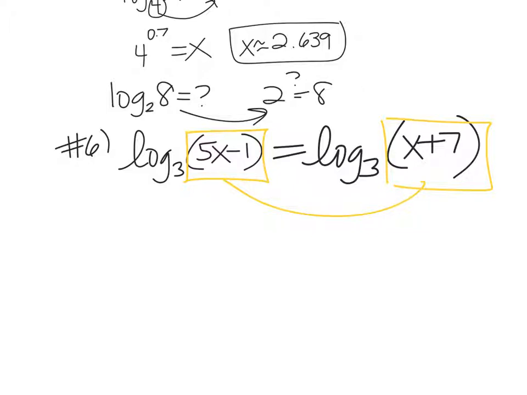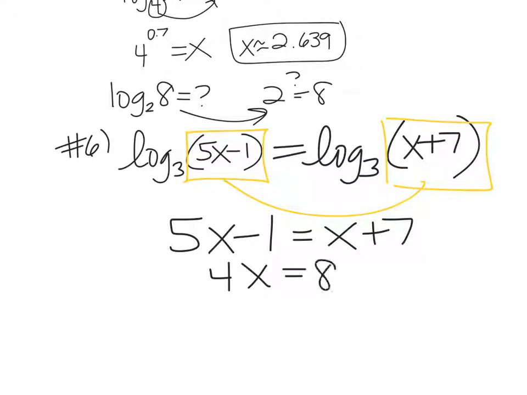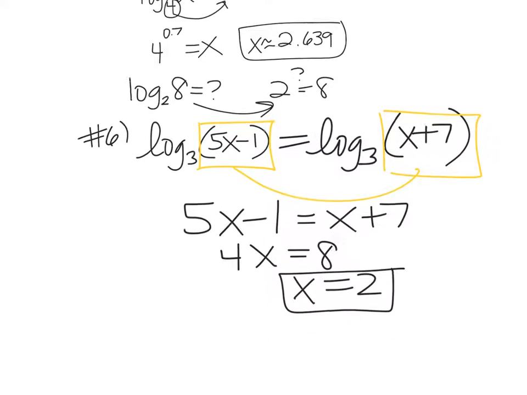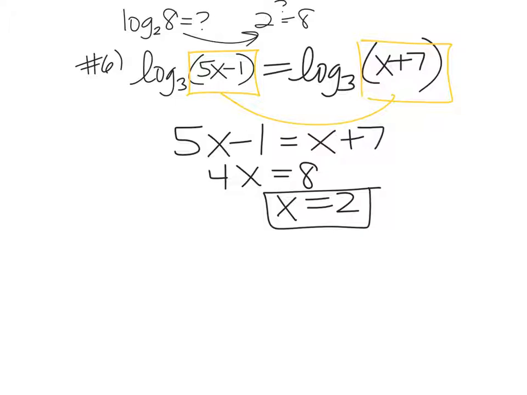Yeah. The stuffs are equal. I love that. So 5x minus 1 has to equal x plus 7. I mean, it's really that basic. And then you solve. So subtract x, add 1, x would be 2. And you're like, whoa, that was an easy one. But sometimes with those easy ones, you start, okay, what do I do to both sides? And you start over-analyzing it.